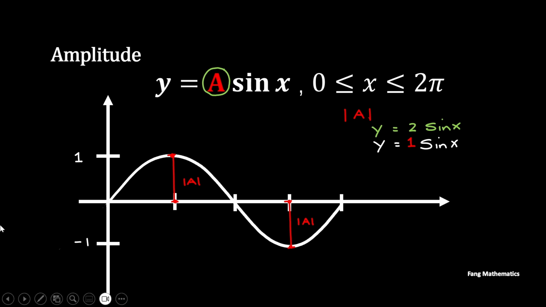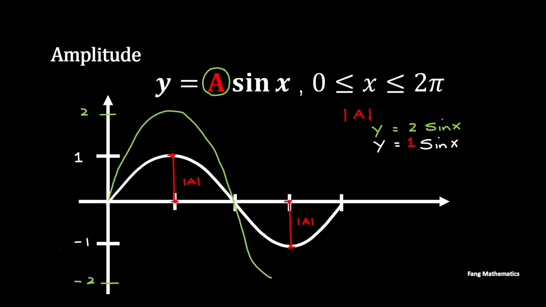We mark 2 and -2 on the y-axis. With an amplitude greater than 1, you stretch the graph in the vertical direction, and you should get a graph like this.